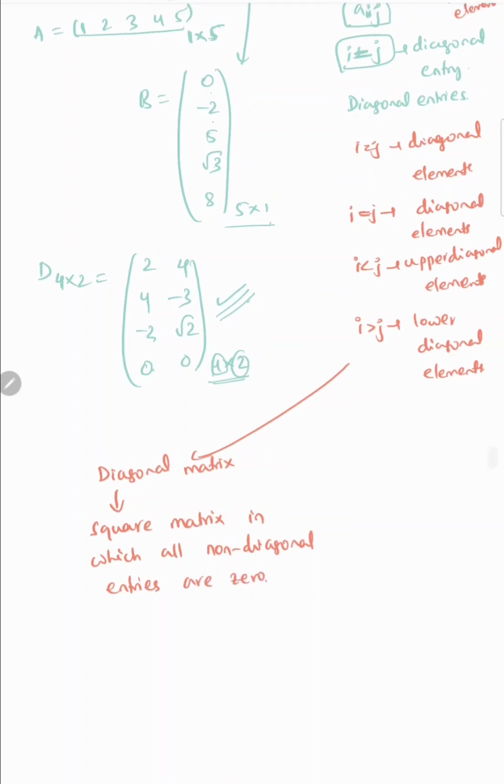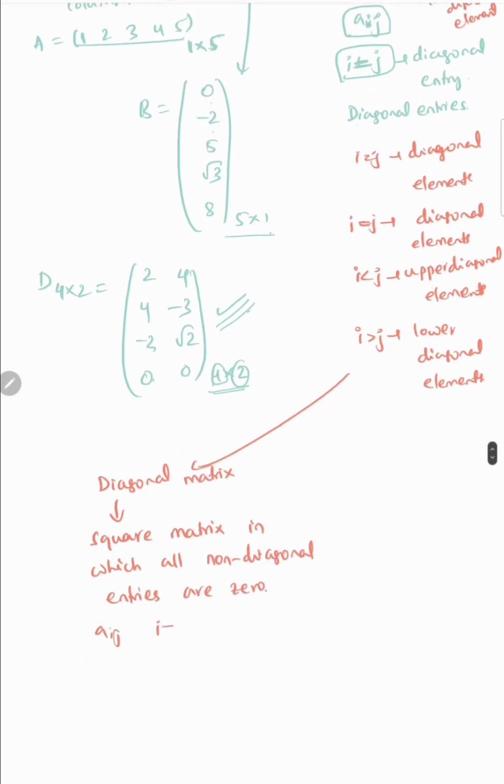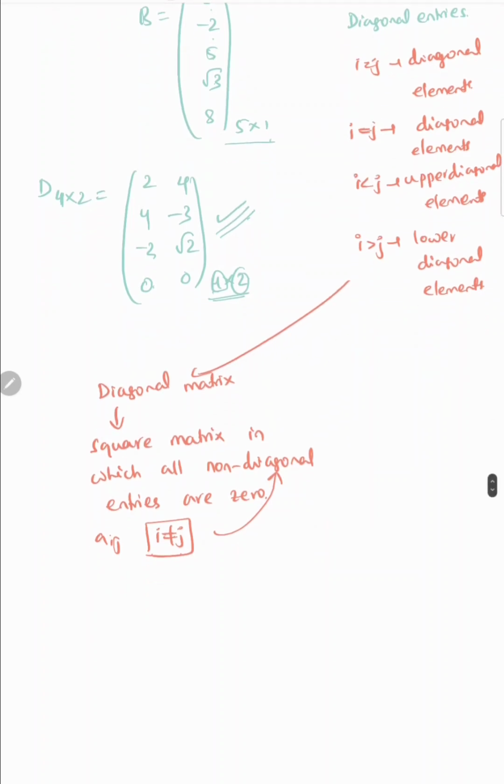Non-diagonal means aij such that i is not equal to j. Those entries for which i is not equal to j are called non-diagonal entries. So in a diagonal matrix, the non-diagonal entries should be 0.